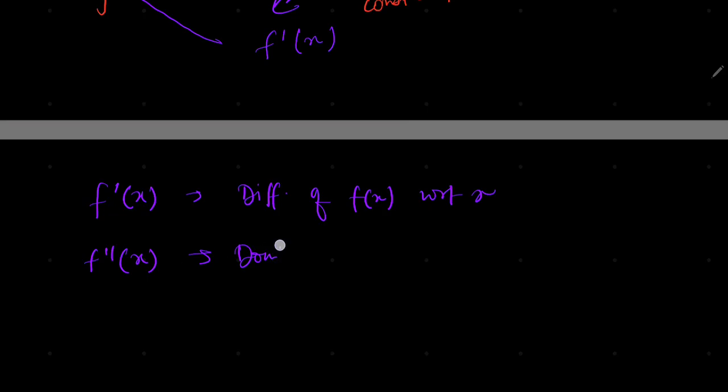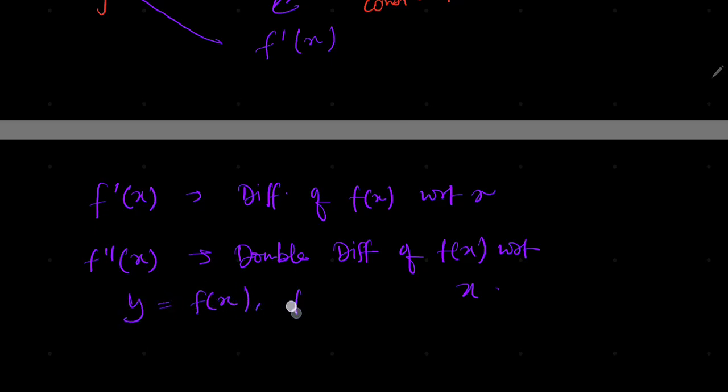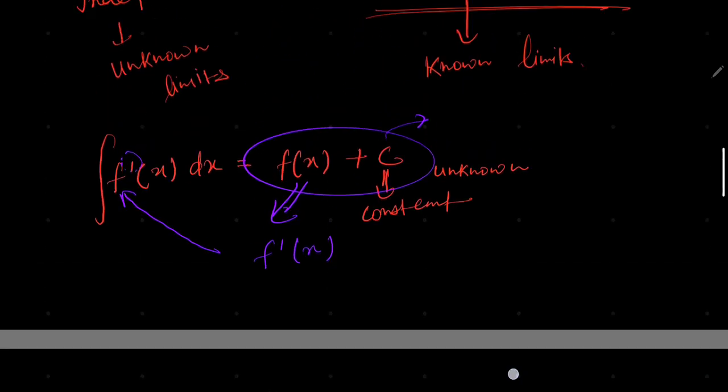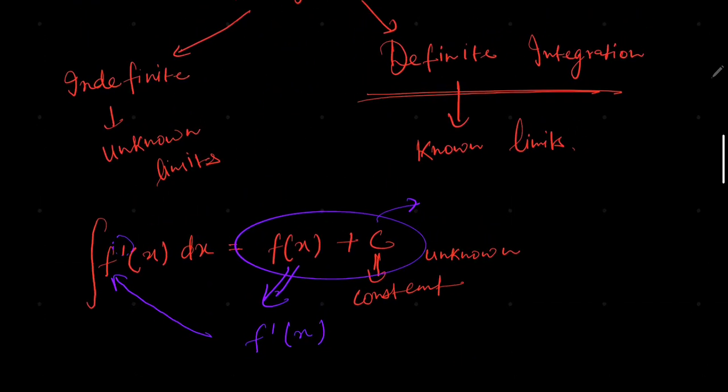Like this, if y is f(x), f dash x means dy by dx, and f double dash x means differentiating dy by dx again with respect to x, so it is d2y by dx square.